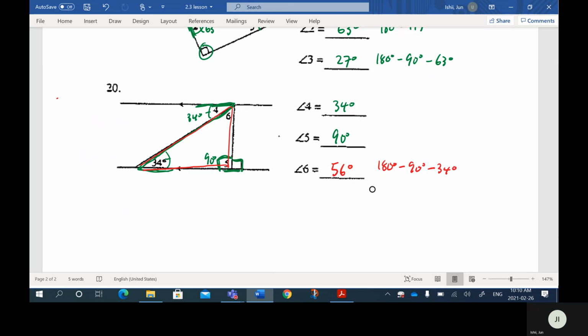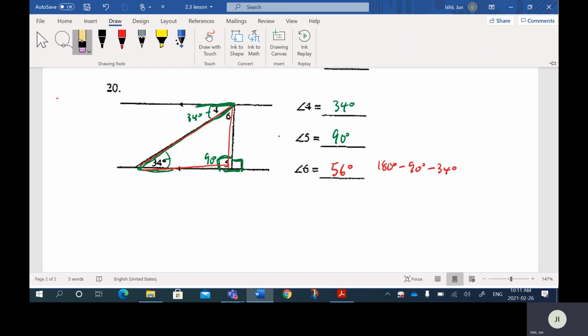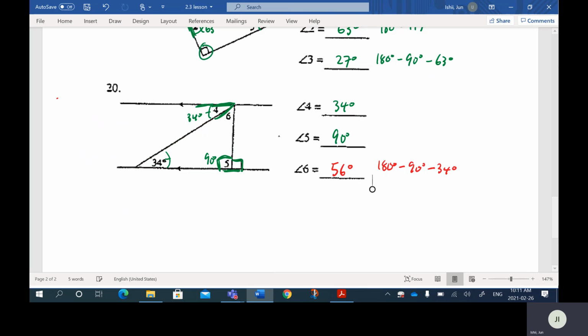All right, cool. Now another way that we could have found that angle is to take an eraser to this red triangle. Notice that this line here is parallel to this line, so this creates a C angle. So angle 6 plus 34 plus 90 must equal 180.